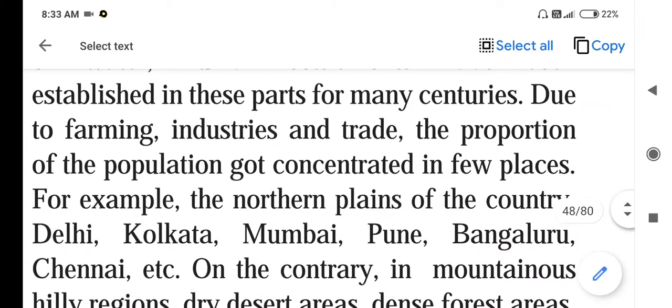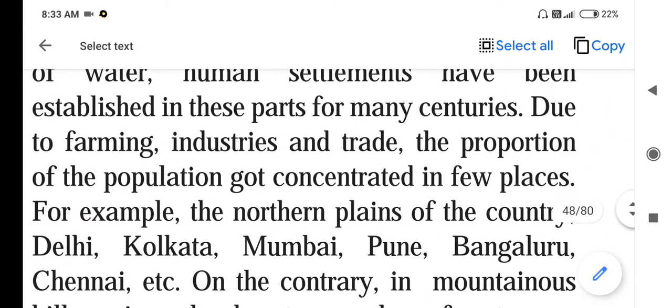So here it is said that the population got concentrated in a few places. There are some places where the population is very high, for example the northern plains of the country. We have seen Uttar Pradesh and Punjab, so in those northern plains the population is high.